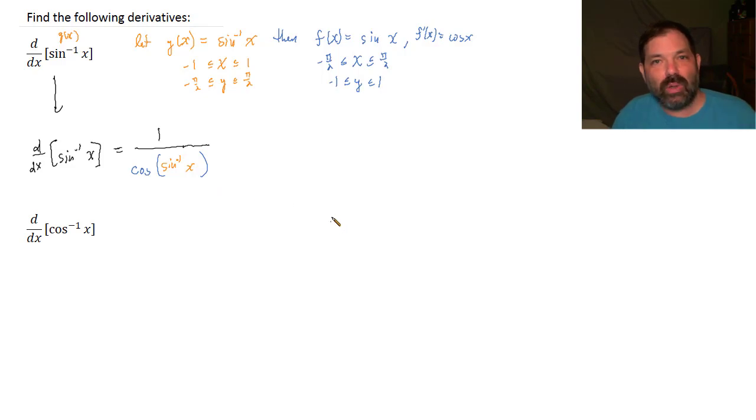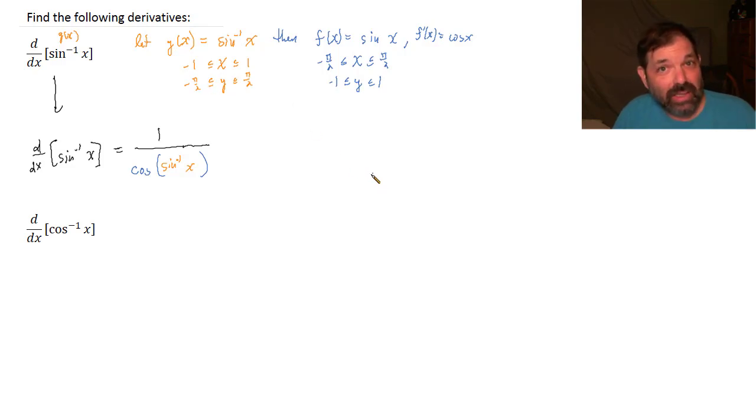Now, we have to do something with this. We can't just leave it like this. It's not a nice notation: cosine of sine inverse of x. Turns out, though, that we can manipulate this. Sine inverse x means that we have some y value between negative pi over 2 and pi over 2.